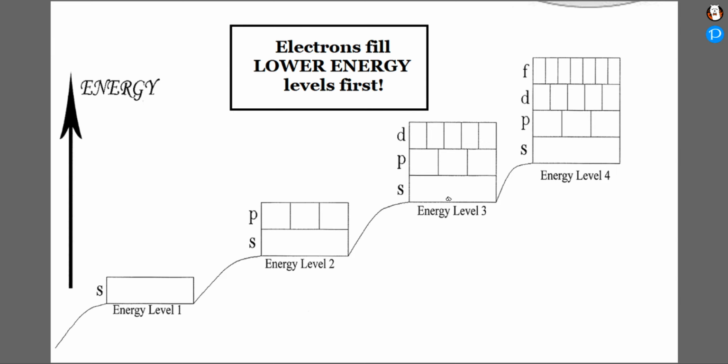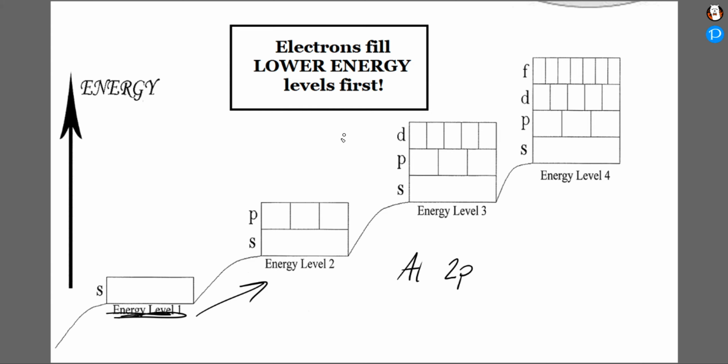Let's say we were making the electron configuration for aluminum, for example. I can't just start anywhere. I can't start at, let's say, the 2p level and start filling electrons there. I have to start at the lowest one, and I have to build it up from there.